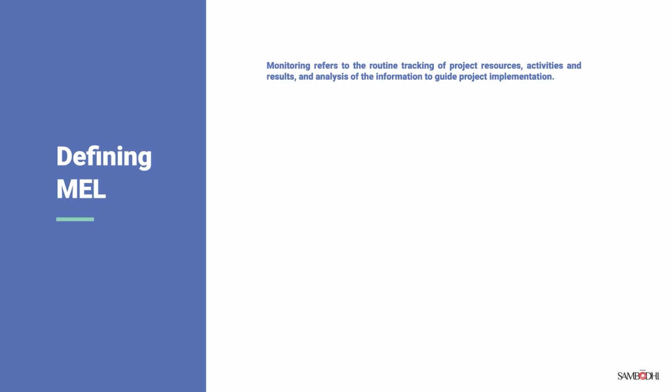In Module 1, we will talk about monitoring, evaluation, and learning and the various concepts related to it. But first, let us define what MEL means. M stands for monitoring in the MEL process. It refers to the routine tracking of project resources, activities, and results, and the analysis of the information to guide project implementation.